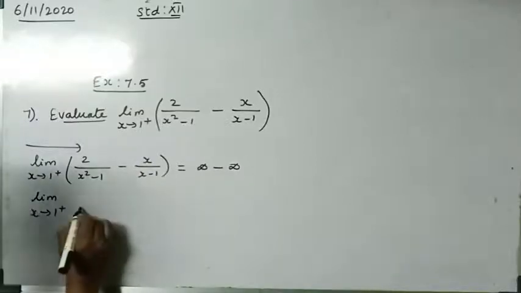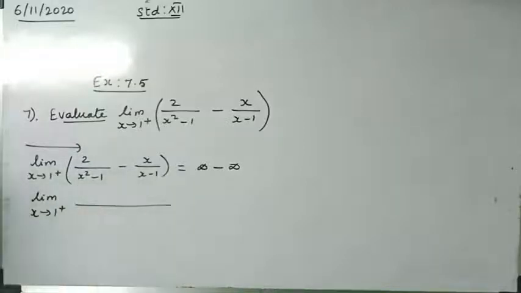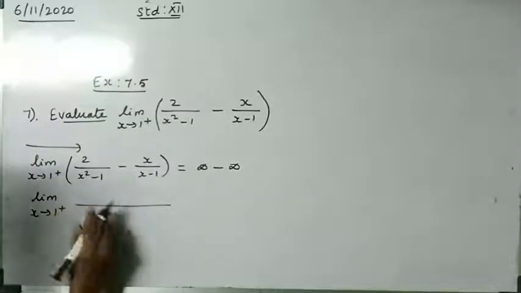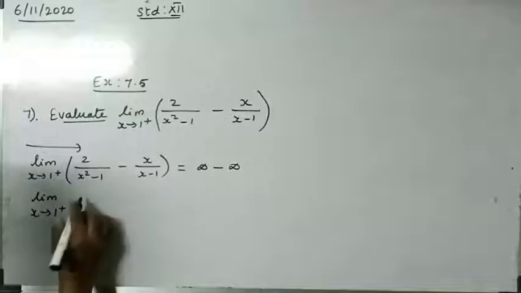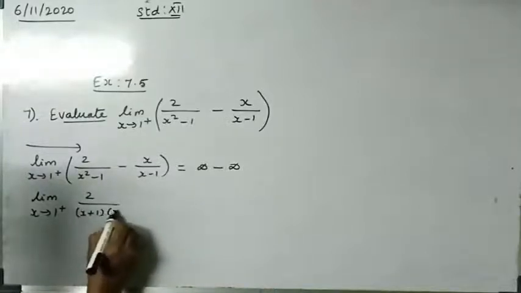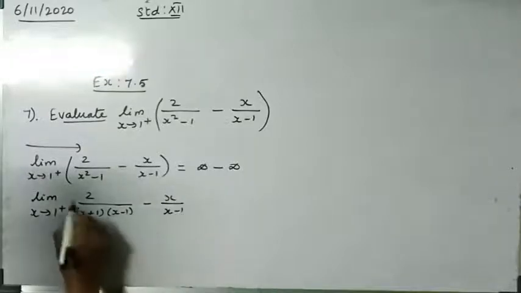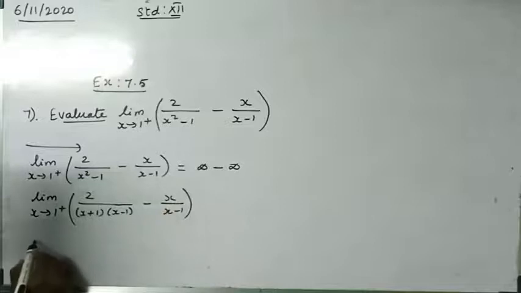Here I can write x square minus 1 as x plus 1 and x minus 1. If you split this and write, it's very easy: 2 by x plus 1 into x minus 1 minus x by x minus 1. Now take the LCM, it's very easy.